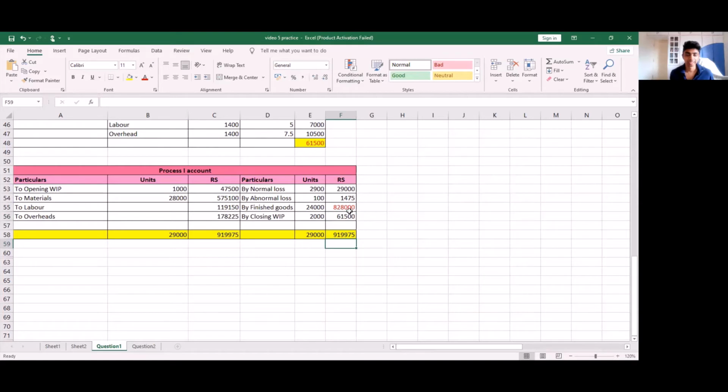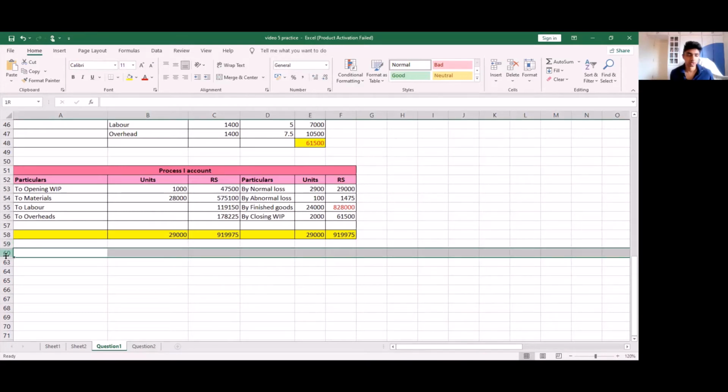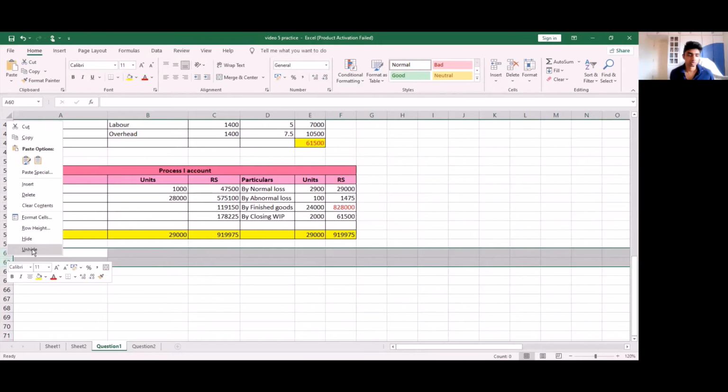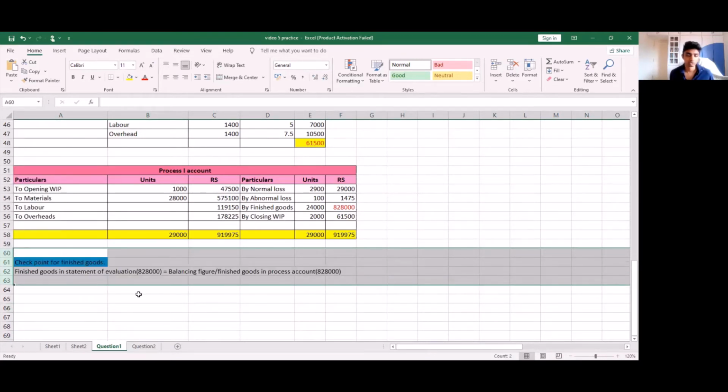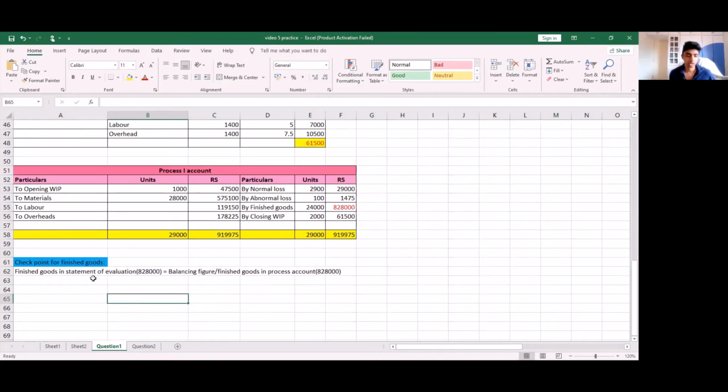Now, to check if this is right, we will not do the same way as we did for the FIFO method. There is a different way to check if our answer is right in our weighted average method. In our weighted average method, our finished goods in the statement of evaluation will be equal to finished goods or balancing figure in our process account.